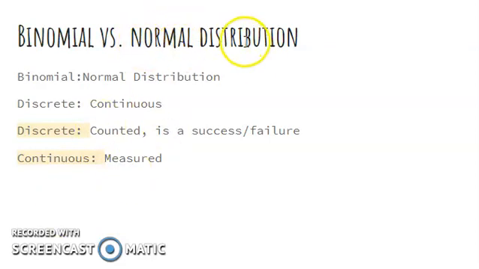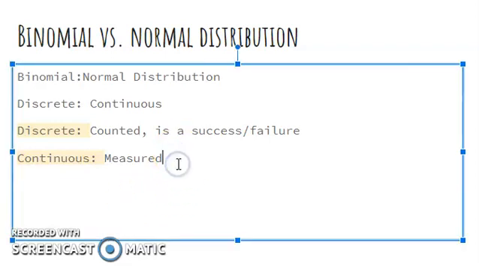However, a normal distribution is continuous, and we use some sort of tool to measure the data. For example, we can use a ruler or a timer. One way to remember discrete and continuous is that when you're using a measuring tool and you get a measurement of 8 inches, this is continuous because you're using a measuring tool, first of all.